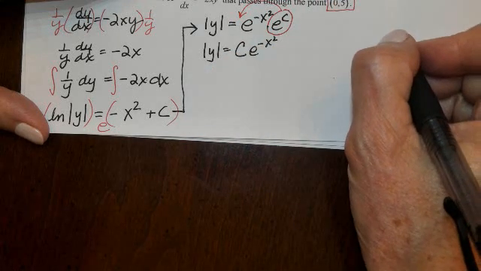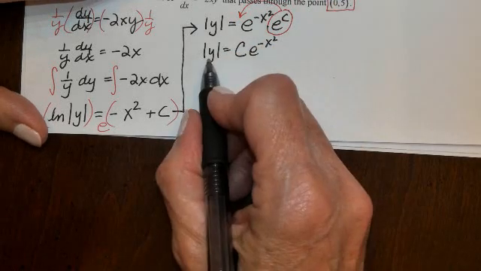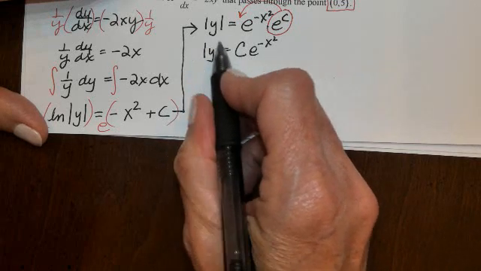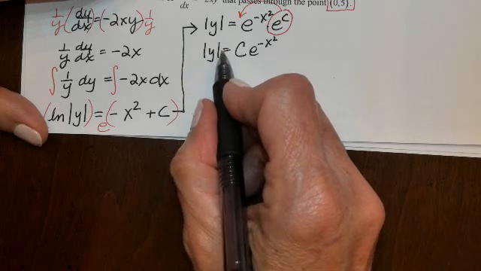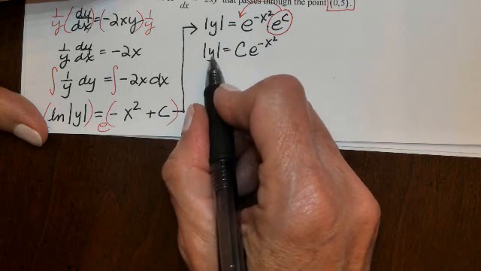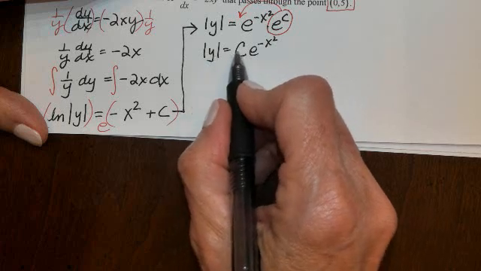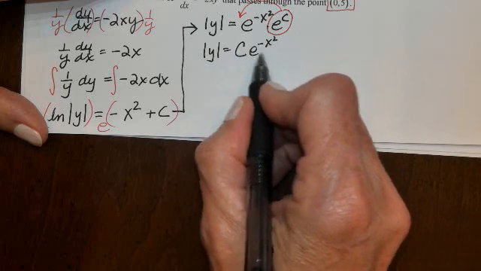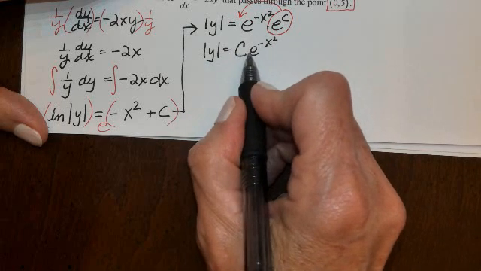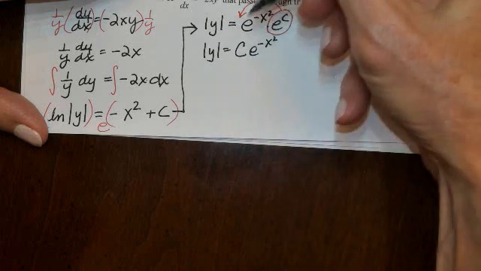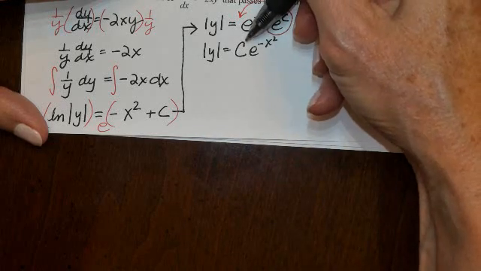Now let's take a look at this. I want to examine this absolute value of y. Doesn't the absolute value of y being equal to this mean that y can be the positive or the negative of this? And doesn't that depend on the value of c?